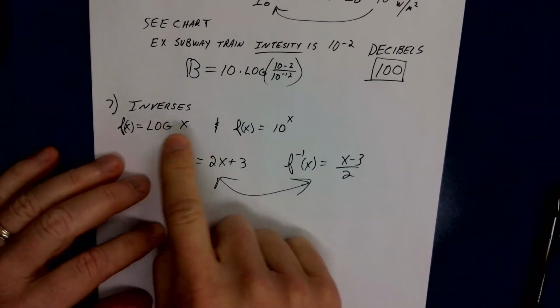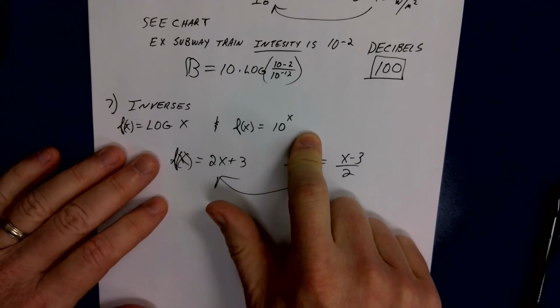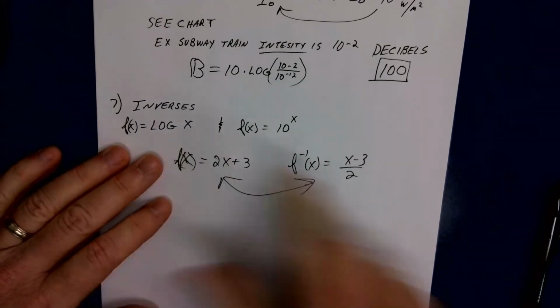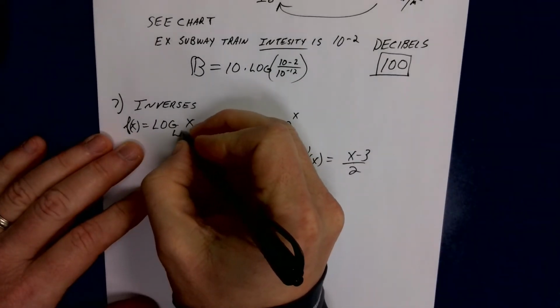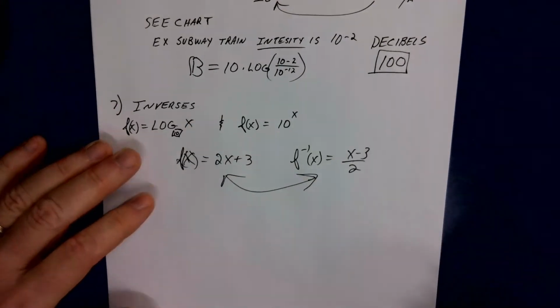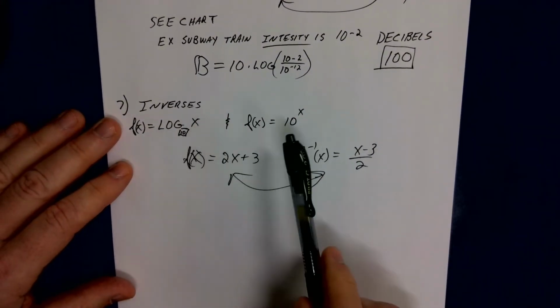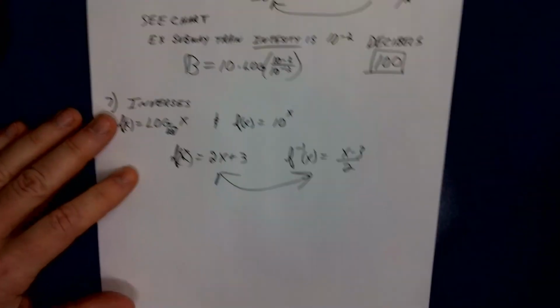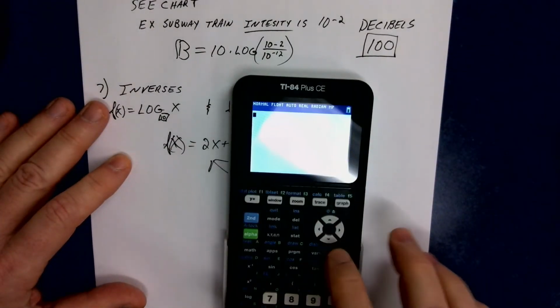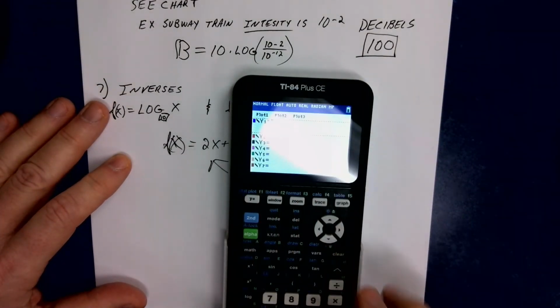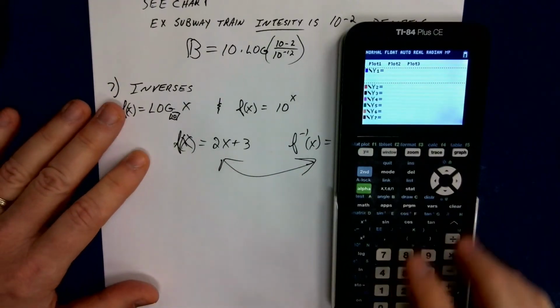Well, that again is what a log and an exponential do. So if this is a log that's just written like this, that's implied to be base 10. So log of x base 10 and f of x equals 10 to the x are inverses of each other, and I want you to see it on the calculator. There we go.